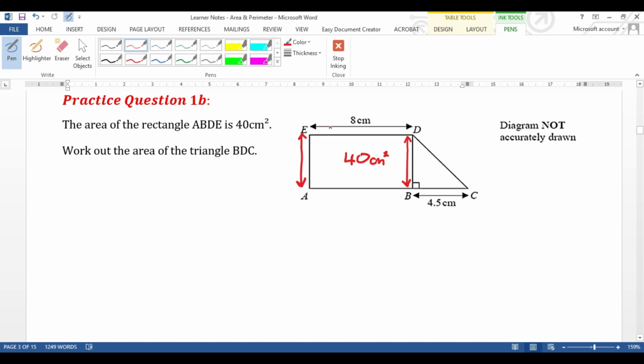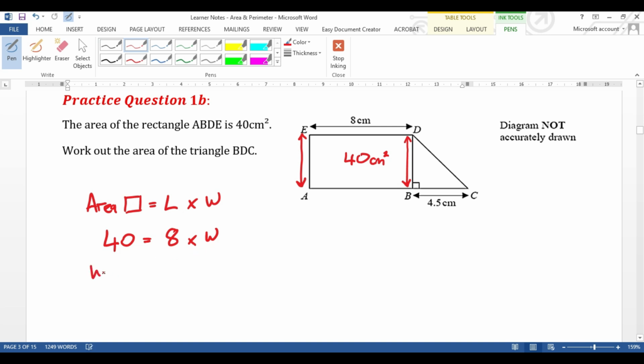But we know that the length is 8, so they must have done area of the rectangle, obviously is length times width, so to get the 40, they must have done 8 times by something, let's still call that W. To work out that missing something, you could work your way backwards, or think of what multiplied by 8 gives you 40, and obviously it's going to be 5.